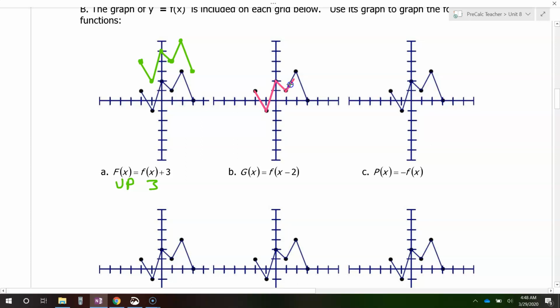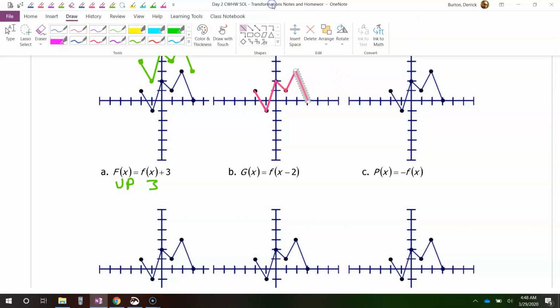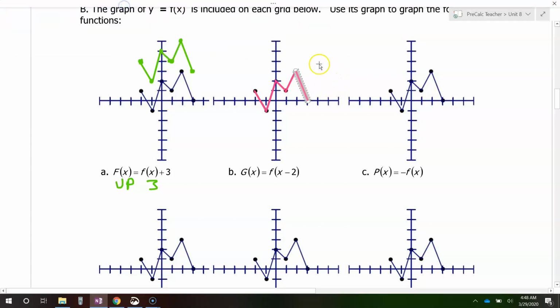That'll sort of guarantee that it matches perfectly. So now that we have this perfectly traced, we can just move it wherever we need to move it.